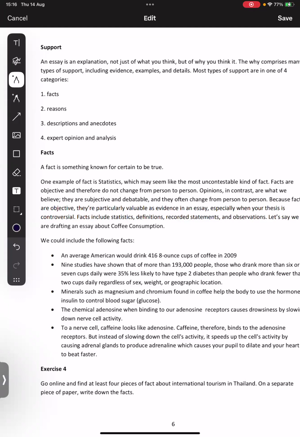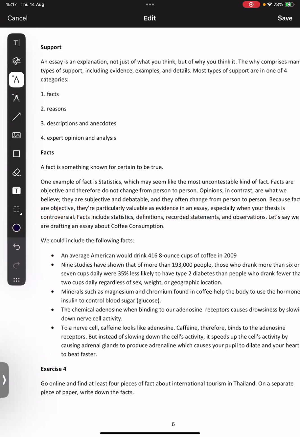The goal of supporting sentences is to elaborate upon your topic sentence or your claim of a paragraph. So basically, adding more information, adding some explanation to help your reader understand the point that you try to get across, and of course, to convince them to accept your claim or your point.